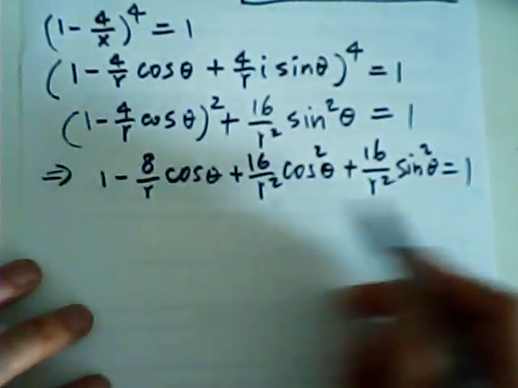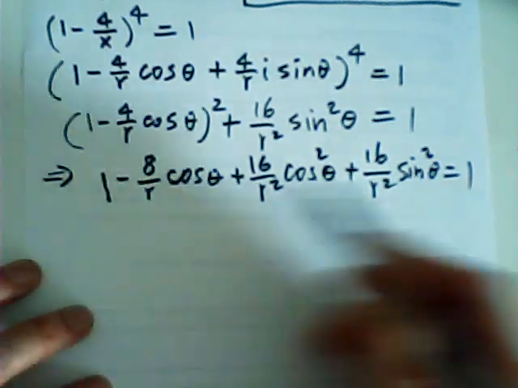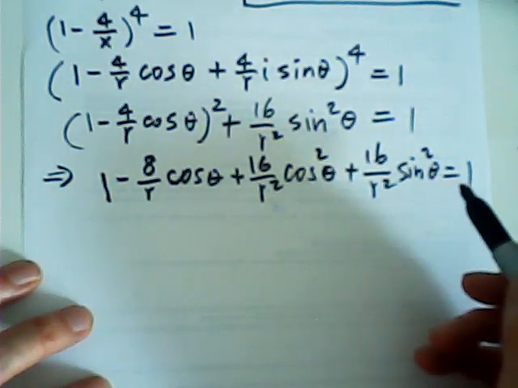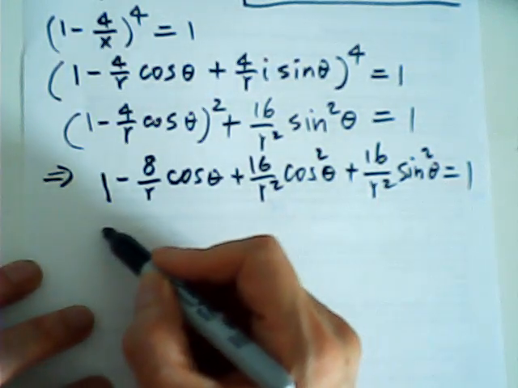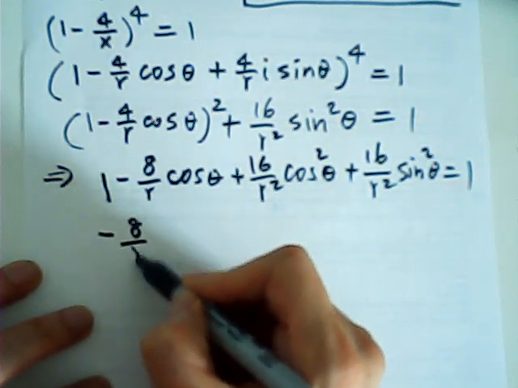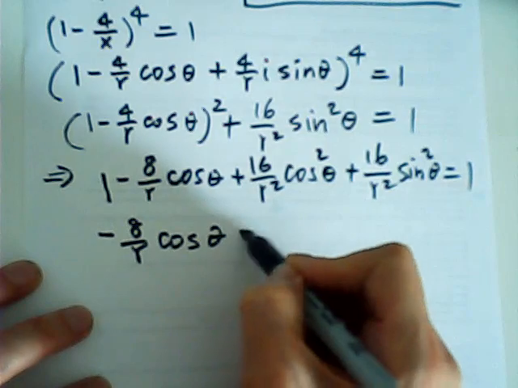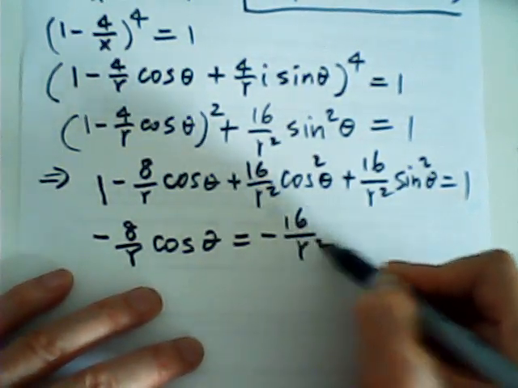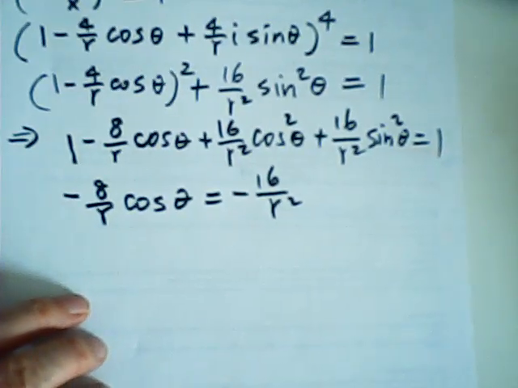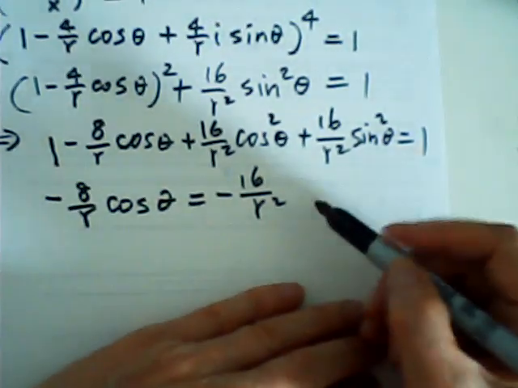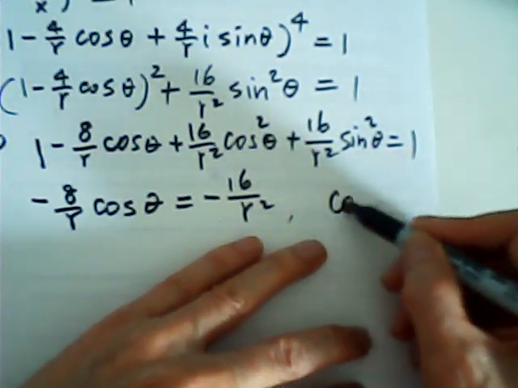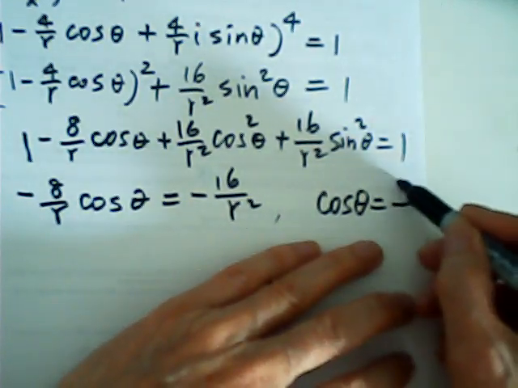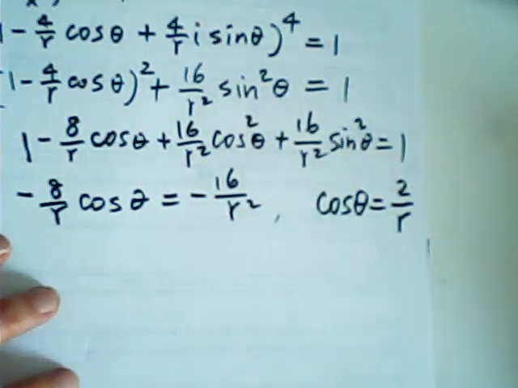Well, the 1 cancels out, right? This becomes cosine squared plus sine squared is 1. Therefore, negative 8 over r cosine theta is equal to negative 16 over r squared. Right? So from which cosine theta is equal to 2 over r.